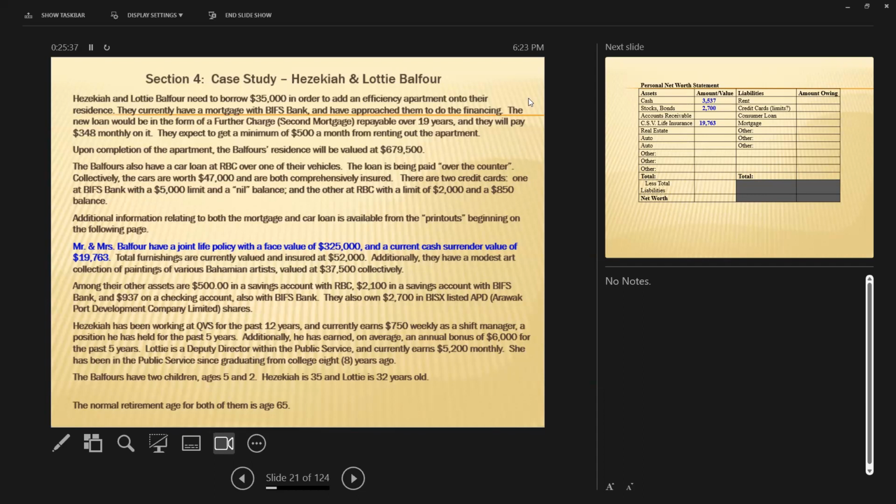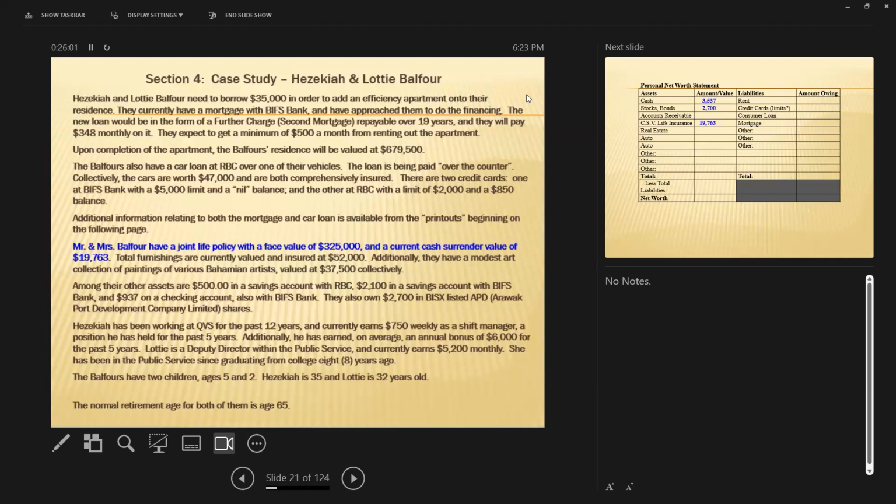It means in both of their names, if one dies, they'll get $325,000 or however it's set up, because it may be set up where one gets one amount, one gets another amount if they die. But we're not concerned about that. What we're concerned about is that cash surrender value.